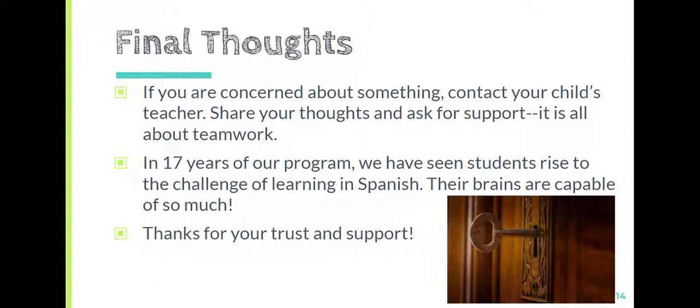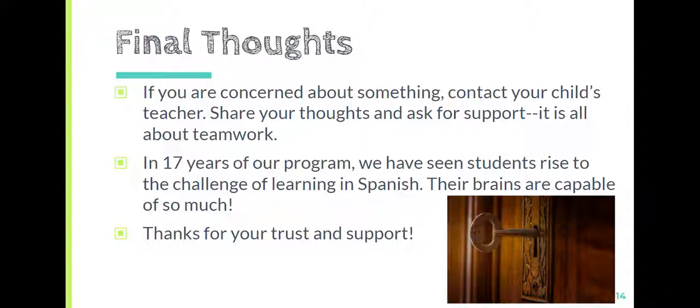Is this going to make school too difficult for my student? Just know that our brains are capable of so much. Our brains adapt and are very flexible, and they're wired to learn languages. So keep that in mind as you're supporting your student, and know that lots of children have been through this program very successfully.